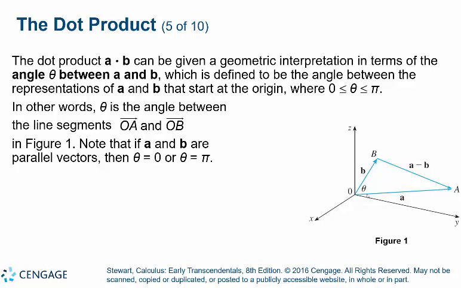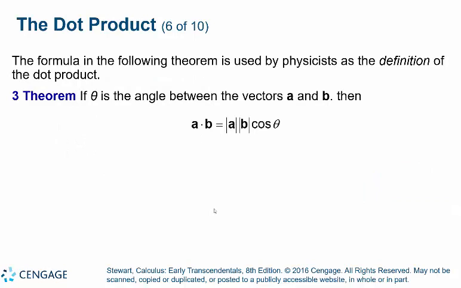Note that if A and B are parallel vectors, then theta would be either 0 or pi, because they'd both be emanating from the origin. In this case, they'd either be overlapping each other if they were parallel, or their directions would be opposites of each other. Okay, so the formula in the following theorem is used by physicists as the definition of the dot product.